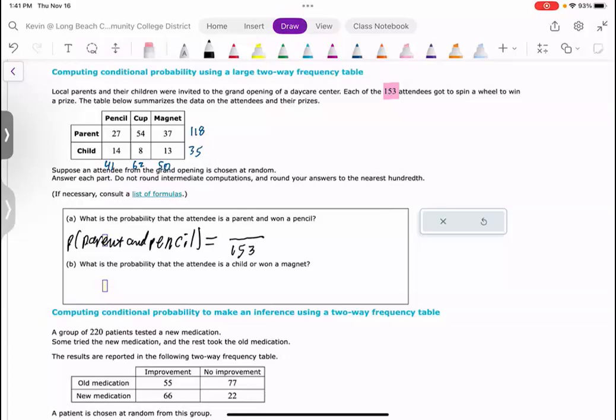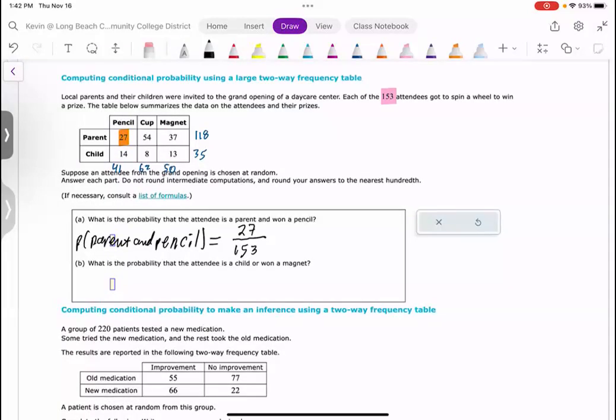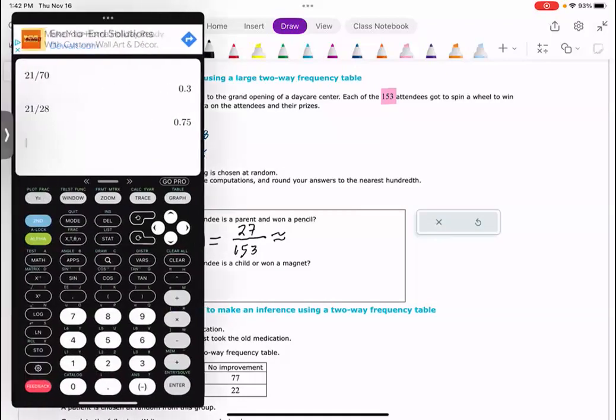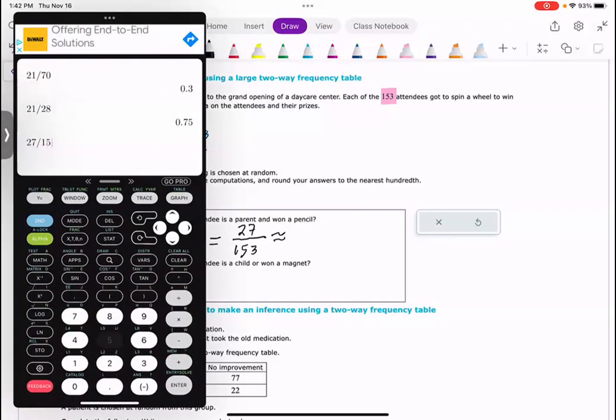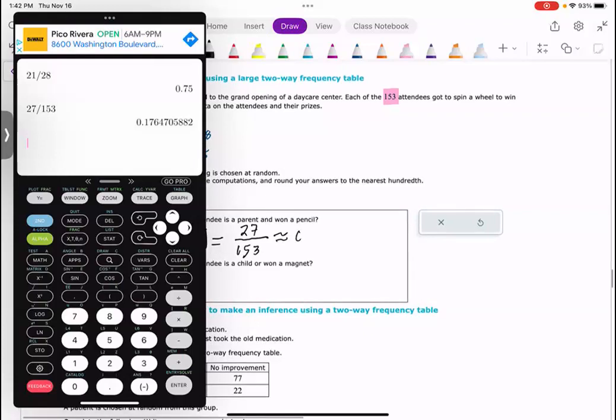And how many parents were there that won a pencil? Let's see, I'm seeing 27. So there is my numerator. So let's see what we get. 27 divided by 153. And they said round to the nearest hundredth, 0.18.